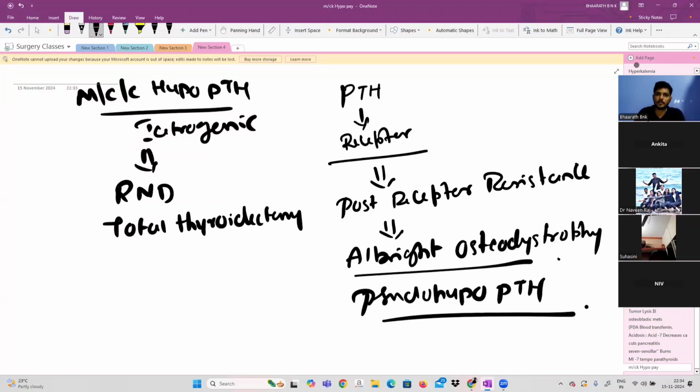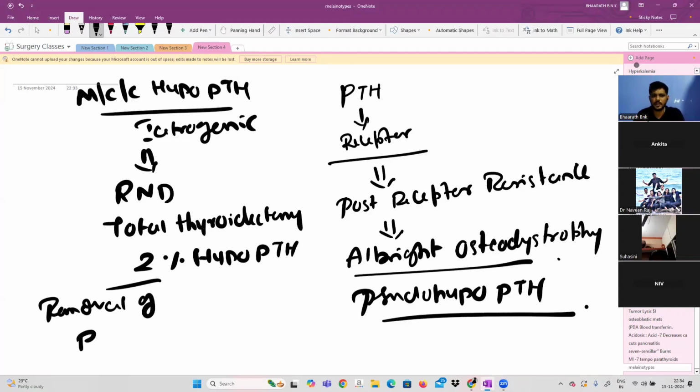Now, in total thyroidectomy, there is a 2% risk of hypoparathyroidism. This is because of removal of the parathyroid, which is very rare. So, the parathyroid is usually well seen if adequate principles of dissection are followed, and removal is very rare. But most commonly, it will be due to ischemia.